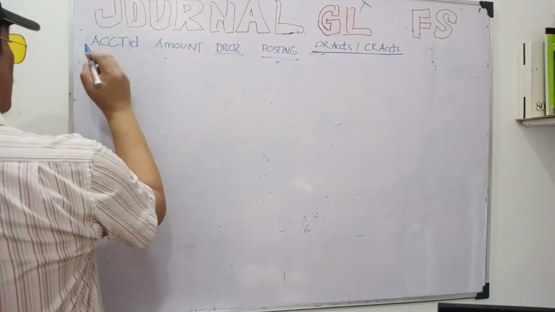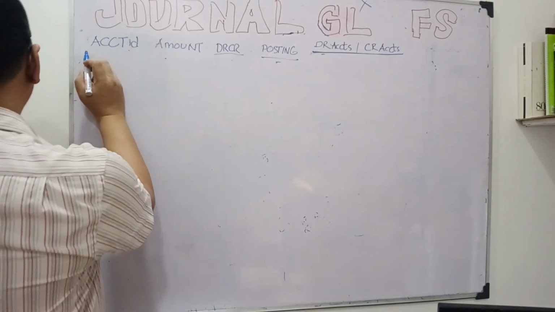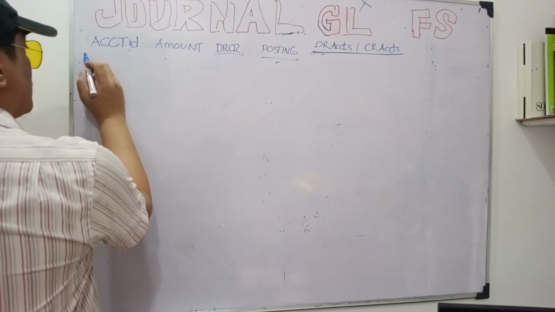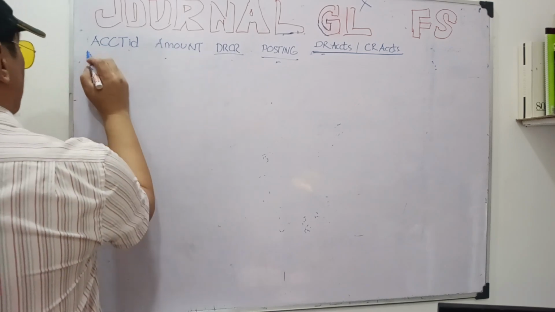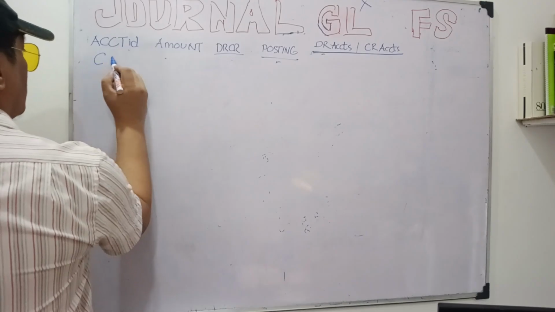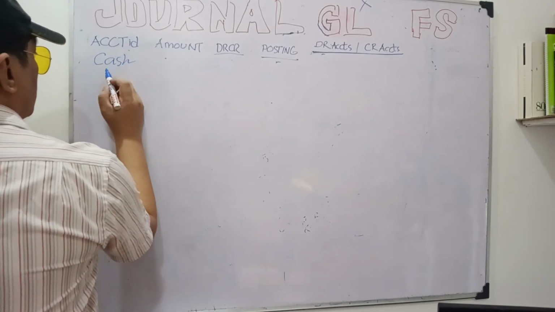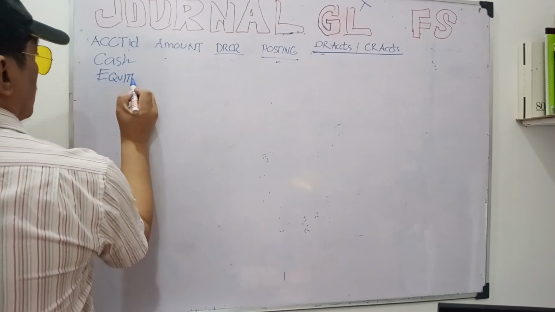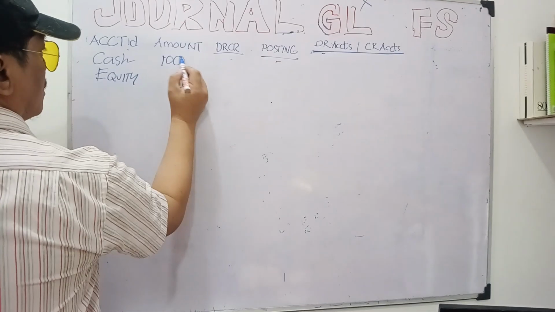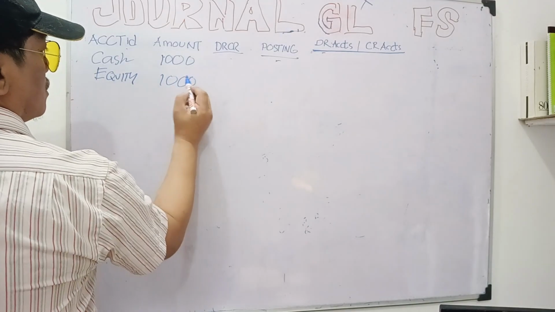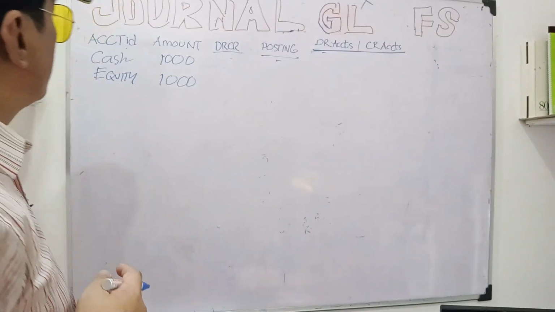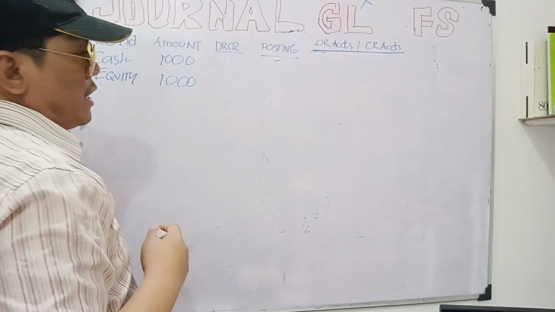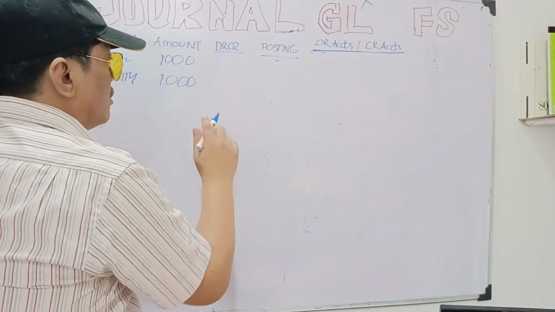For example, someone invested in this business, so the owner obviously, so cash he invested. We'll just use equity. Let's say $1,000. For accountants, you already know what's going on.